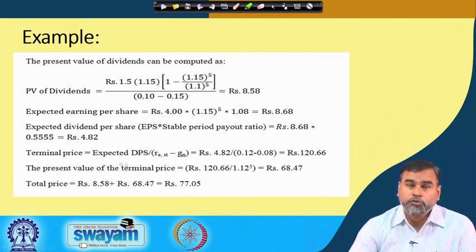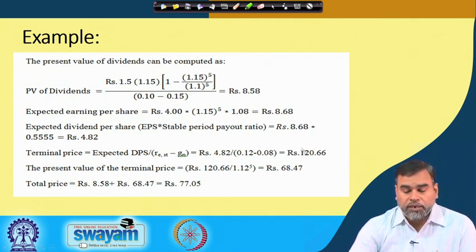Then that 4.82, which is your expected dividend, divided by your next year's cost of equity, that is 12%, which is given, minus gn, which is the stable growth rate, then 4.82 divided by 0.12 minus 0.08, what you are getting is 120.66 rupees.